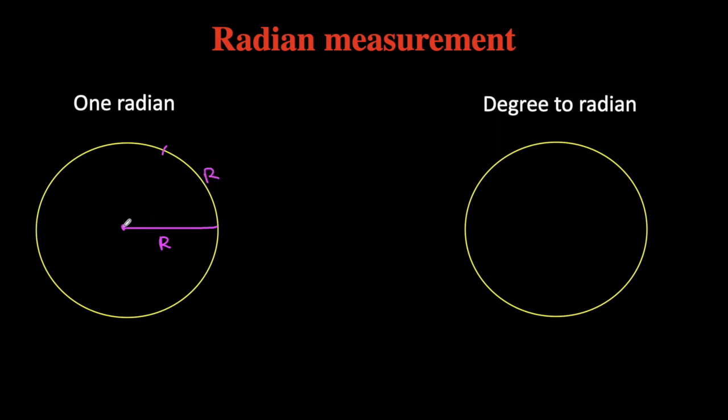Obviously you have to connect another radius, and that radius is also r. If you make the arc length, this is known as an arc, this is known as arc length, equal to r, then this angle is known as 1 radian.